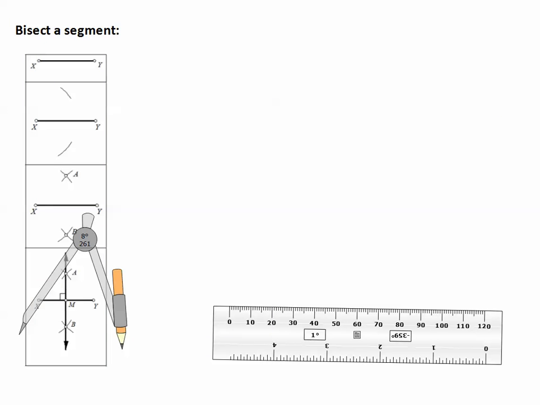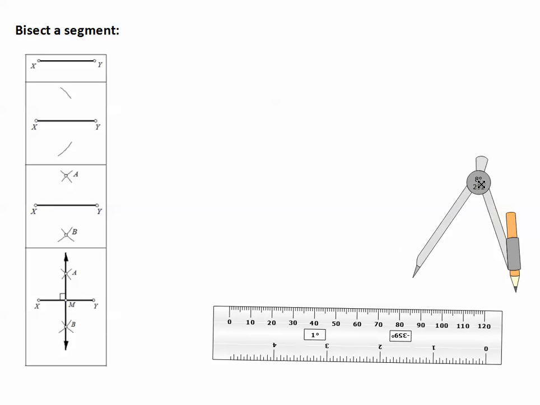Bisecting a segment. We're going to use both the compass and the straight edge to bisect the segment. First of all, we have to start with the segment. That will be given. So let's make a note that the segment is given. We don't have to draw that. But we'll be told, bisect the segment, cut it in half.